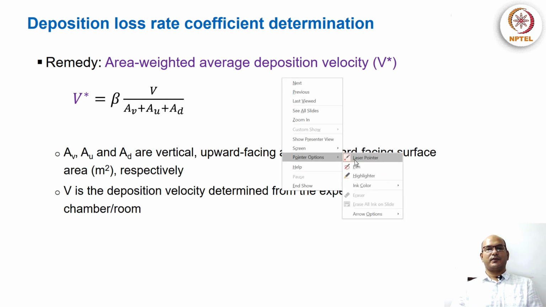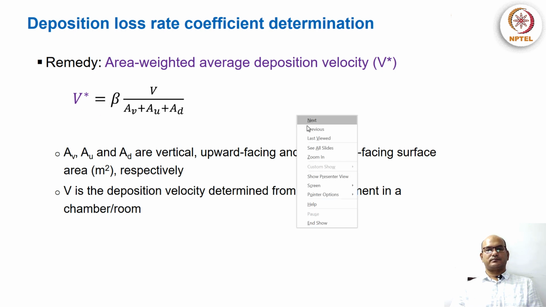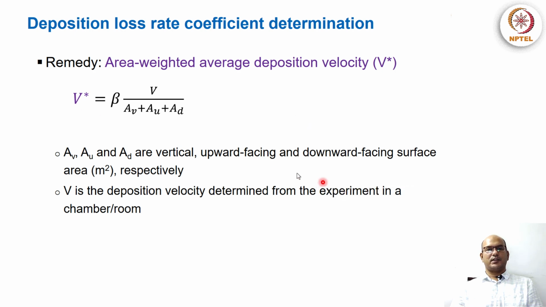Instead of having different deposition velocities for each surface, we determine one area weighted average deposition velocity. So this velocity multiplied by your vertical, upward and downward facing areas will give us the total flux, and through rearranging the equation we will get our area weighted average deposition velocity as beta times volume divided by the surface areas.